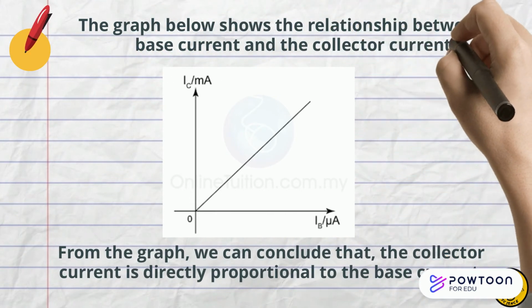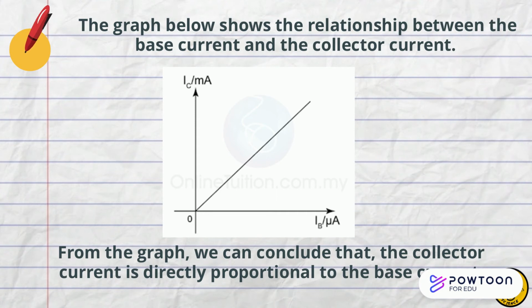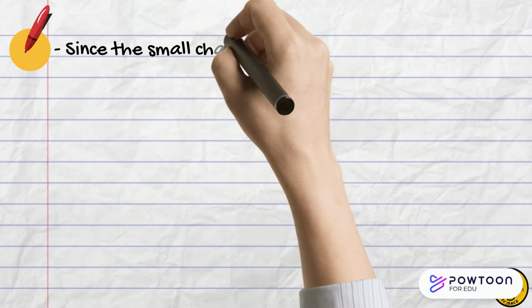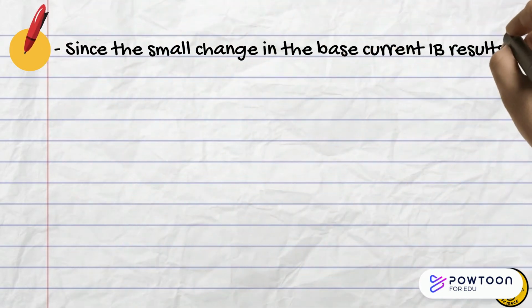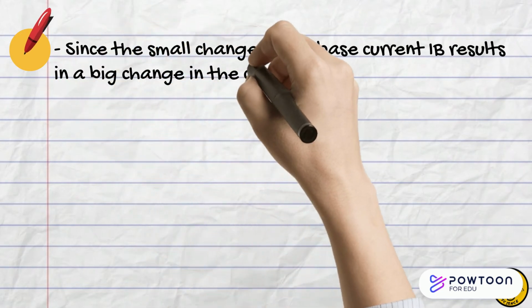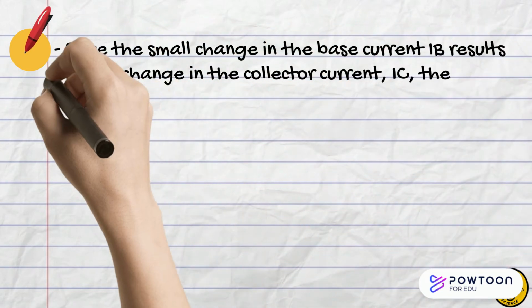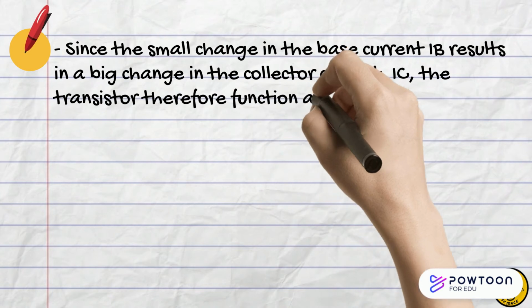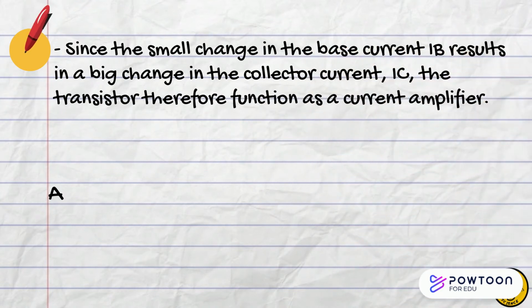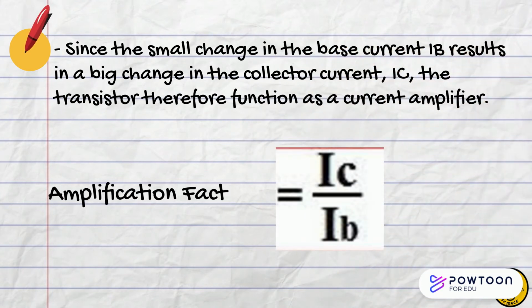From the graph, we can conclude that the collector current is directly proportional to the base current. Since a small change in the base current IB results in a big change in the collector current IC, the transistor therefore functions as a current amplifier. The amplification factor is the ratio of IC over IB.